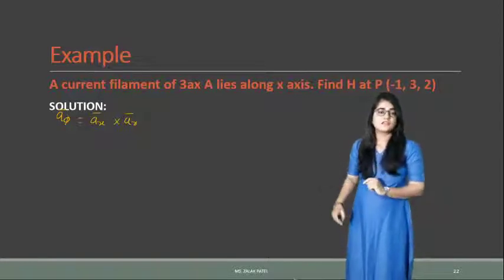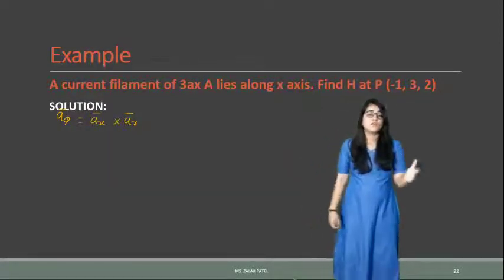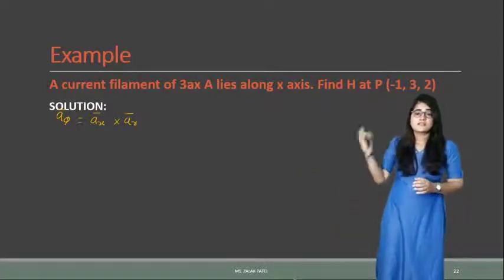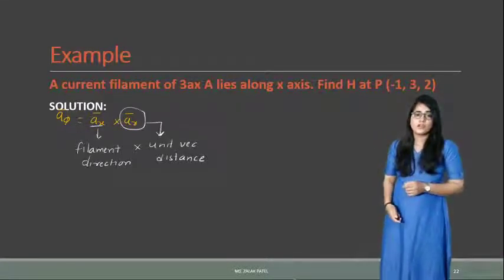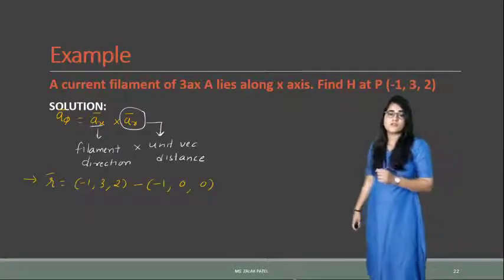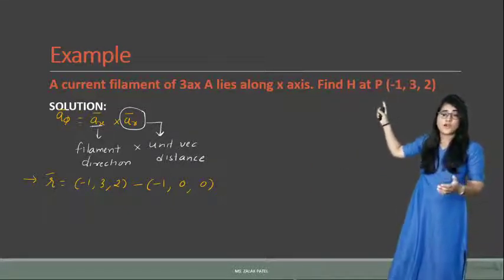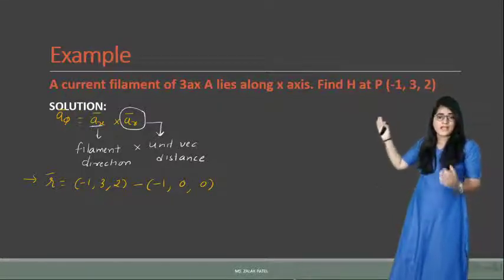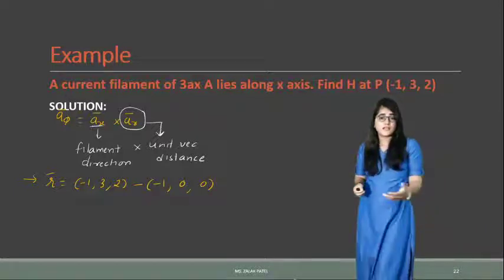So the filament direction, if you see the problem statement, the filament is located along the x-axis, that's why aX, cross the unit vector of distance. The unit vector of distance you have to find. So here in this case the point is (-1, 3, 2), because we want to find the field intensity at (-1, 3, 2). So (-1, 3, 2) minus the point where the filament is located.